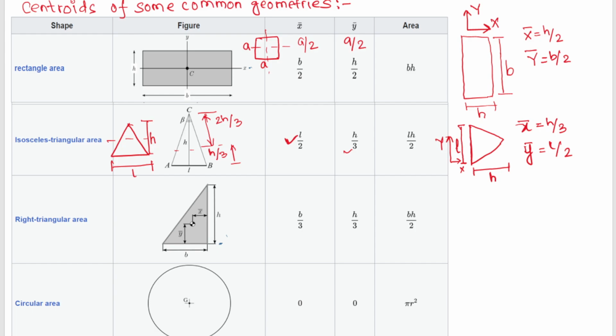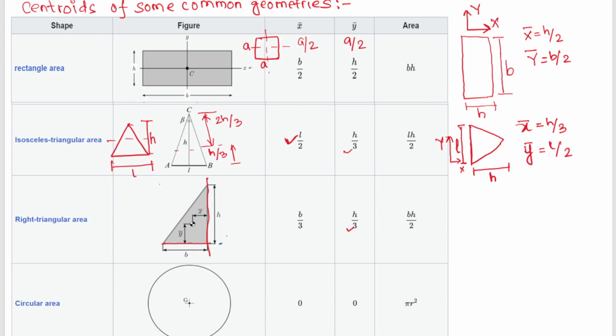So I have a right angle triangle, and remember, for a right angle triangle, the centroid will be at h by 3 and b by 3 from the base. So from this side in the y direction, it will be h by 3, and from the right hand side, it will be b by 3 because the dimension is b.